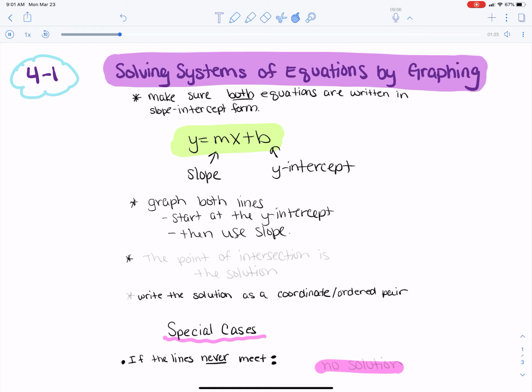Right, after you've graphed both lines, the most important part here is the point where both of our lines are going to intersect. That's our solution. So once you get our solution, it needs to be written as either a coordinate or an ordered pair.